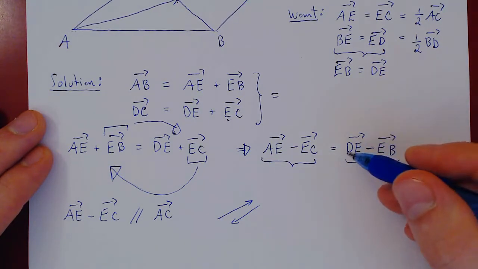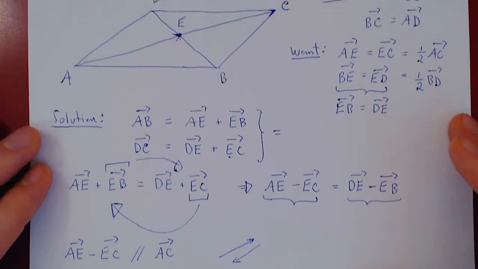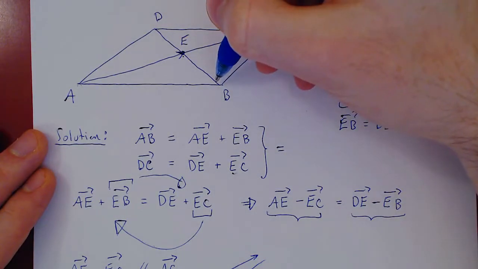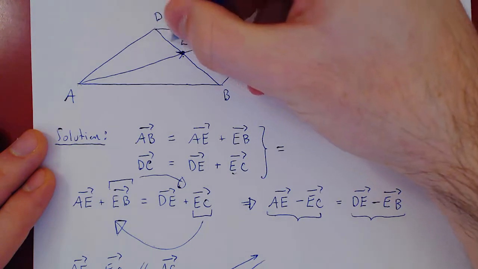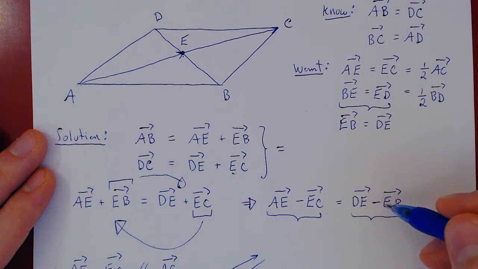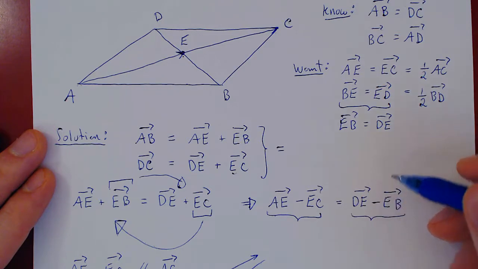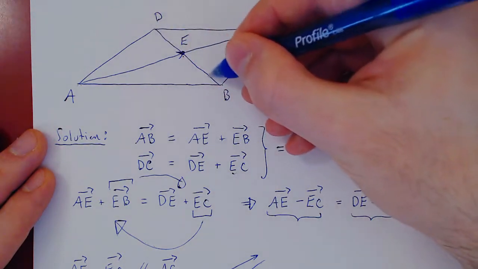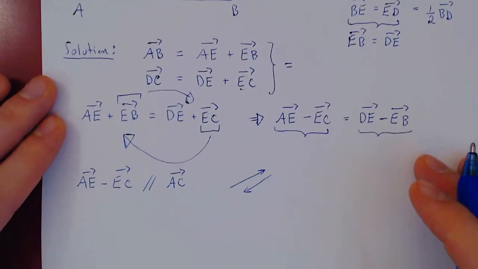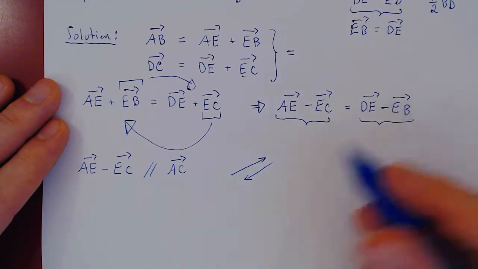Let's consider now DE minus EB. Well, vector DE and vector EB both lie on the diagonal DB. And if you add or subtract vectors that are parallel, the result has to be parallel, therefore in the same direction as DB or in the opposite direction. So the same can be said about DE minus EB.